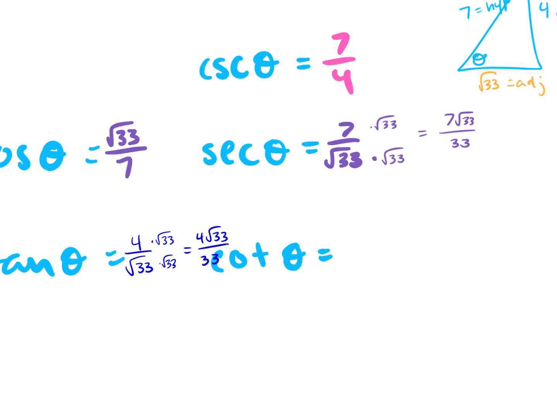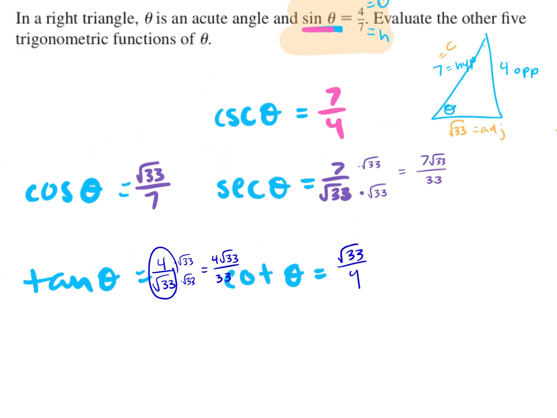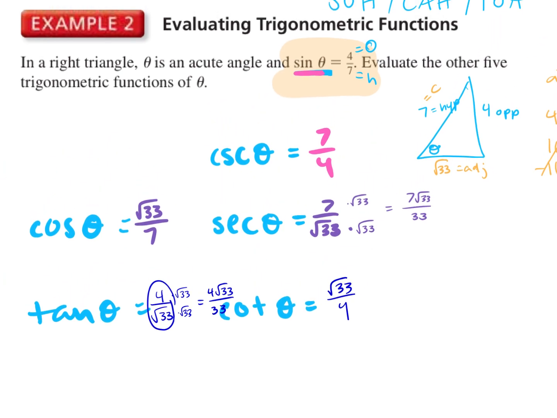Perfect. And what would cotangent of theta be? Awesome. We can take the unrationalized one, the one that we started with, and just flip that. So it'd be square root 33 over 4. So these would be our remaining 5 trig functions.